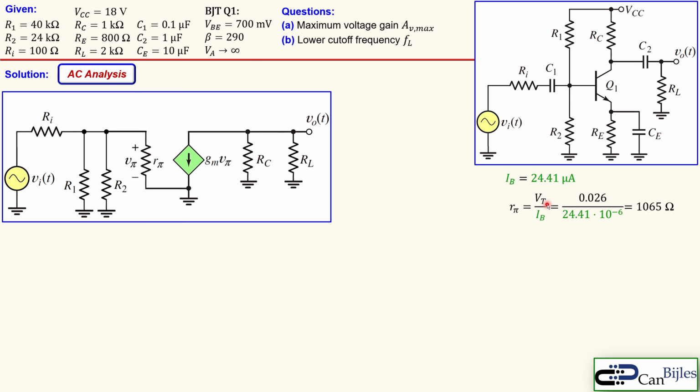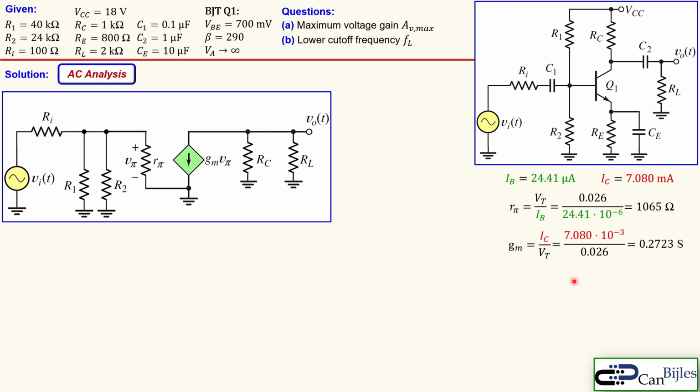By the way, the thermal voltage is 26 millivolts at room temperature. It can change depending on the temperature, going up as the temperature goes up, but in this case we take room temperature, which is 26 millivolts. That gives approximately 1065 ohms for our R pi. Now we also need gm, which is given by the DC collector current over the thermal voltage, using the DC collector current determined in the DC analysis.